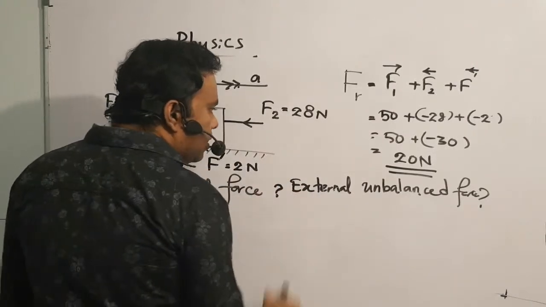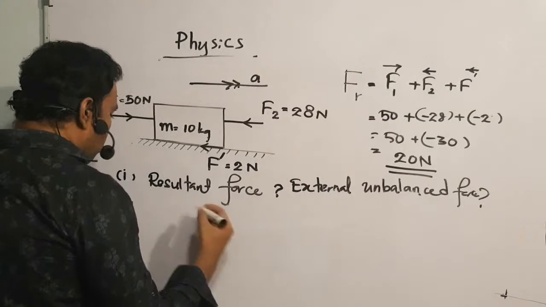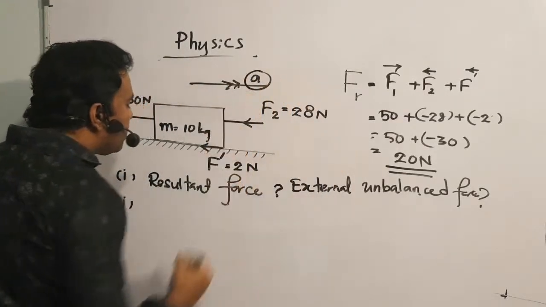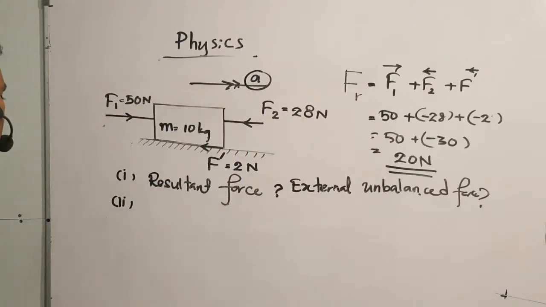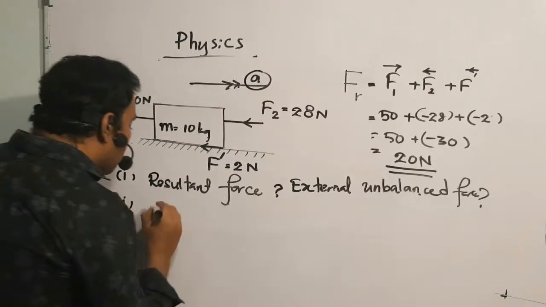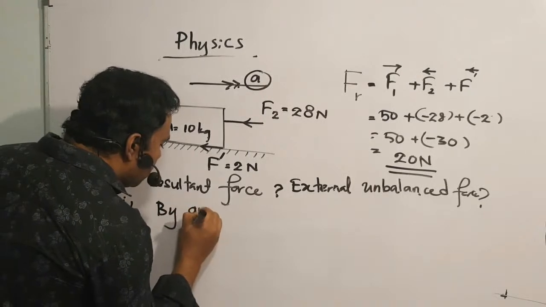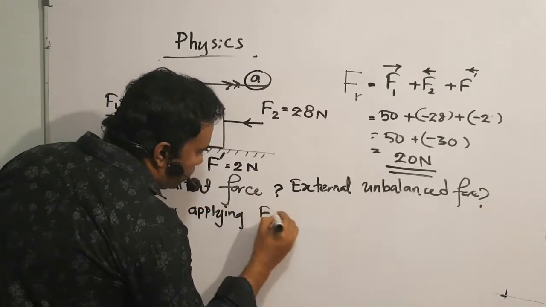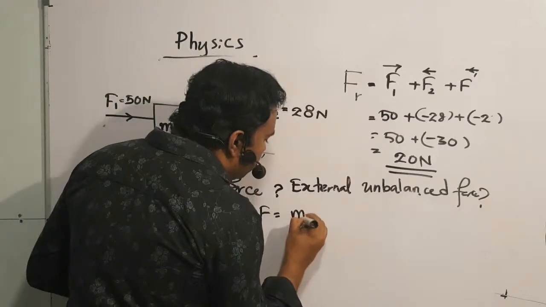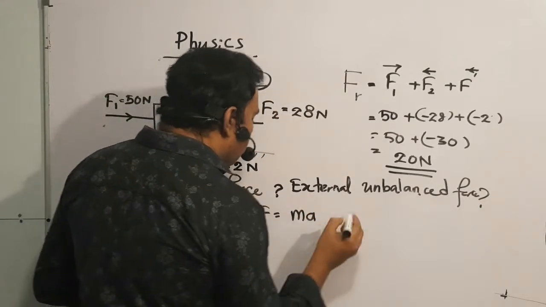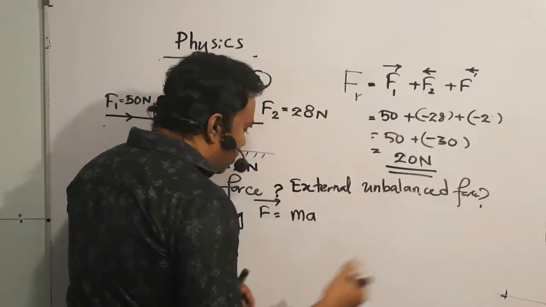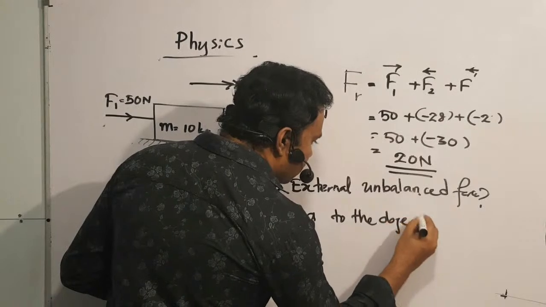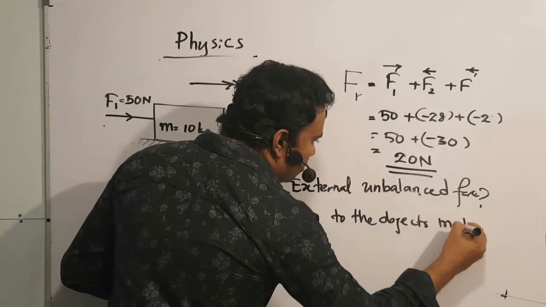Before you find this acceleration as the answer for the second question, you have to mention, by applying F equals ma to the object, the positive direction to the object's motion.